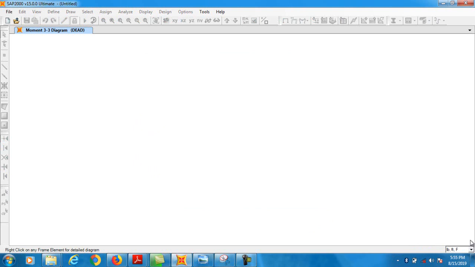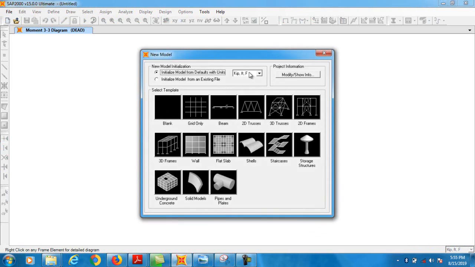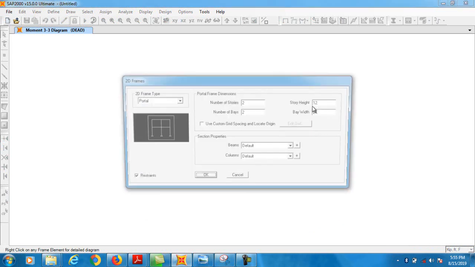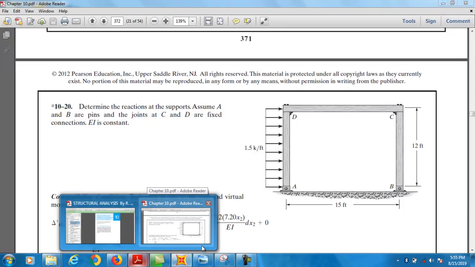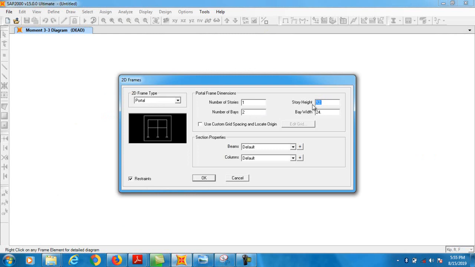The unit should be kip-feet. Select a new template, with kip-feet. We have one story, with story height equal to 12 feet.